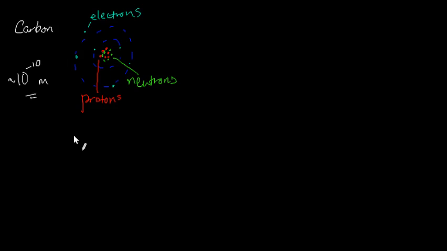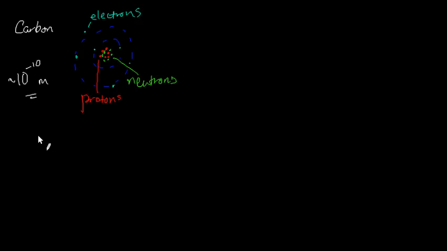Now I'm just going to quickly summarize some of the data, some of the numbers and words that we would use quite a lot in this topic on nuclear physics.